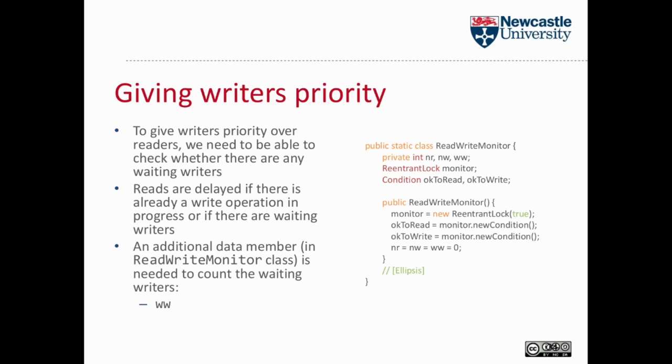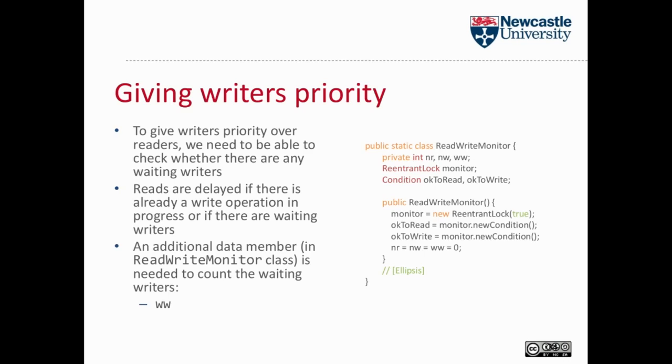So that is actually the thing that was postulated before. In order to do that, you need to check how many waiting writers there are. And so as a consequence, you want to delay the readers if there is already a write operation or there are other waiting writers.